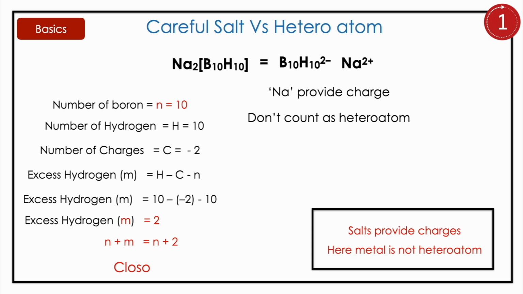If you apply that, N is 10, hydrogen is 10, charge is minus 2, so H minus C minus N gives M equals 2. M equals 2 means Closo structure. So you should know that the salt provides charges. You should not count it as a heteroatom.